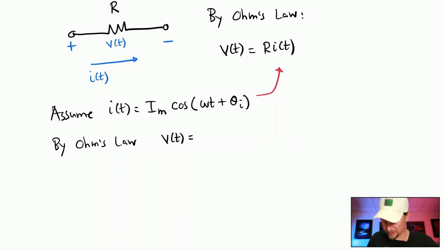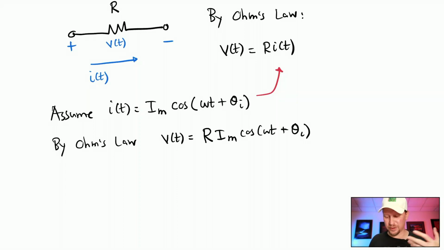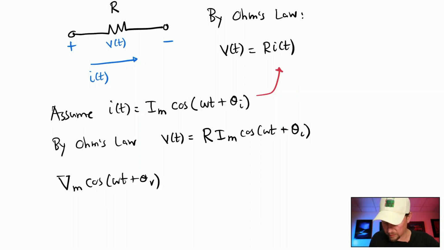So this is I sub m times R, or if you want to be a little bit more proper and a little bit more careful for those eagle-eyed students, this is R times I sub m times the cosine of omega t plus theta sub I. Now, notice that on the opposite side of v of t, since the current is a sinusoid, the voltage also has to be a sinusoid, and it's of the form V sub m times the cosine of omega t plus theta sub v.